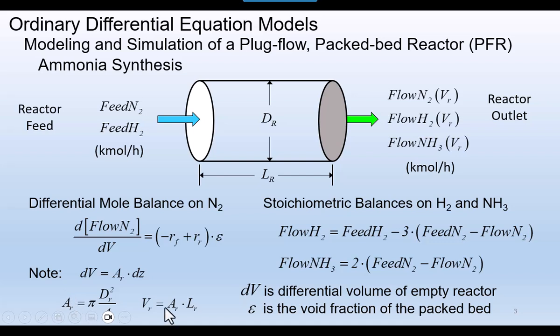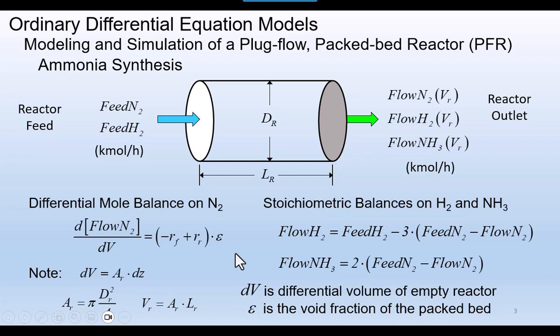And then there's some geometric notes down here in terms of the differential volume, in terms of a cross-sectional area times a differential of length, and then the cross-sectional area and the total volume of the reactor given here.